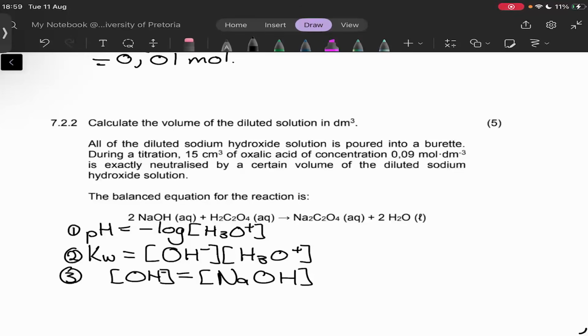How do I know that? I know that I have one hydroxide ion for every sodium hydroxide. You can see it over here. And then lastly, I have to use the concentration of the sodium hydroxide I get to get the actual volume.